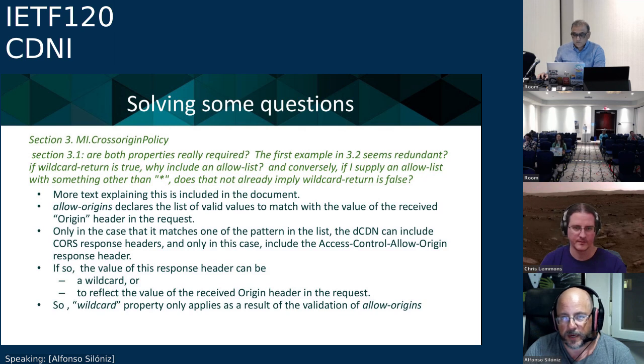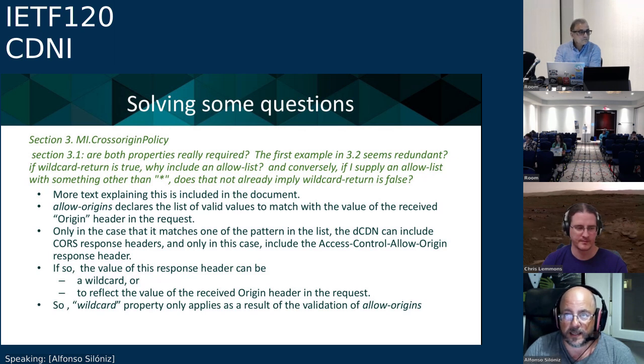We have tried to explain in the new version that the allow origin list is a pattern match, as we have described before. Only if the origin request header that comes in the request from the user agent matches any of the patterns in the allow origin list is the wildcard return property taken into consideration.